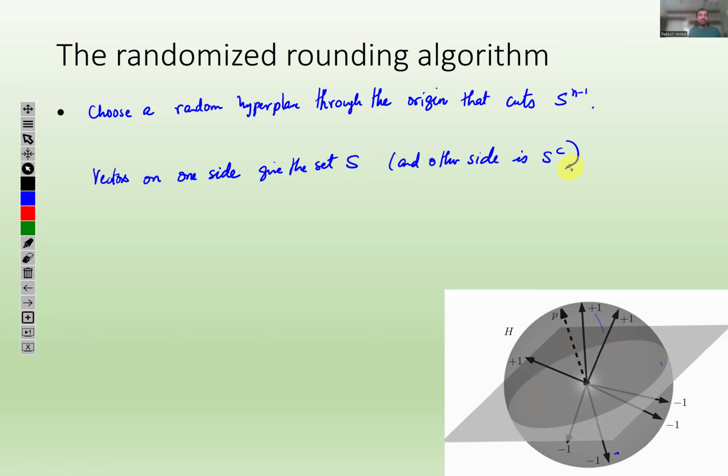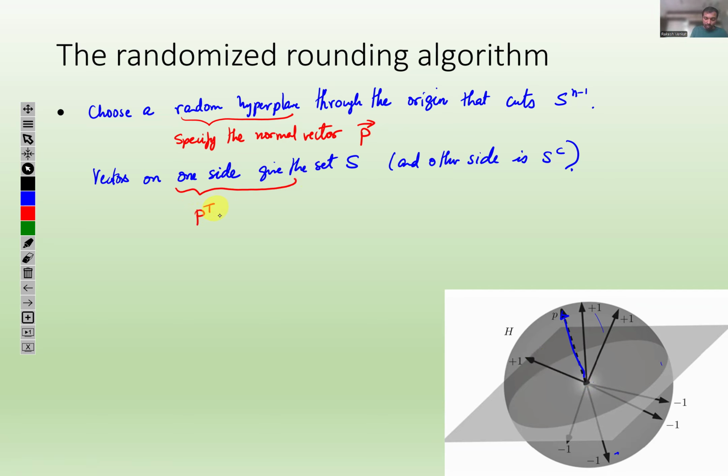So how do I choose this random hyperplane? You can choose a random hyperplane in n-dimensional space by specifying its normal vector. Let me call this normal vector P. So I choose a random P, and that's my normal vector. It's going to define the hyperplane. And then how am I going to define which points are in S?